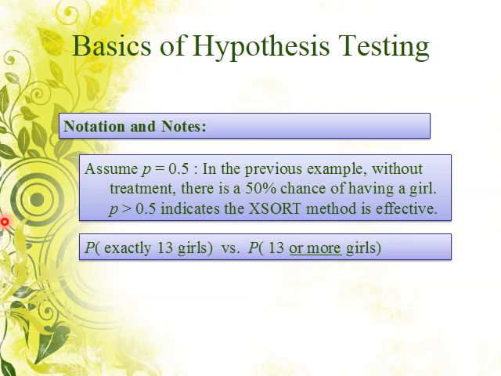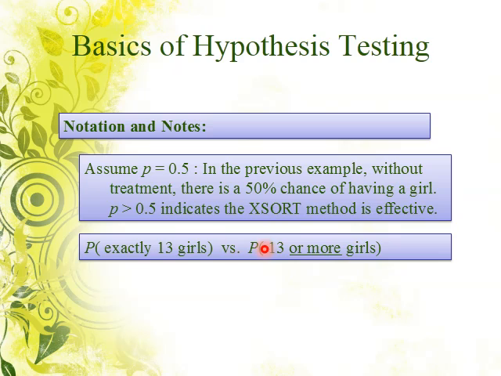Also, notice that what we're going to be talking about in this section is not the probability of getting an exact amount. So we're not going to talk about the probability of getting exactly 13 girls, or in the previous example, the probability of getting exactly 50 girls. We're talking about the probability of 13 or more, or in the previous example, 50 or more girls.